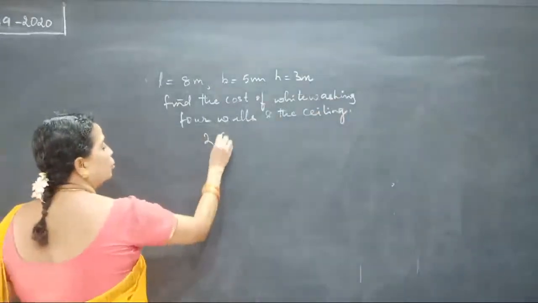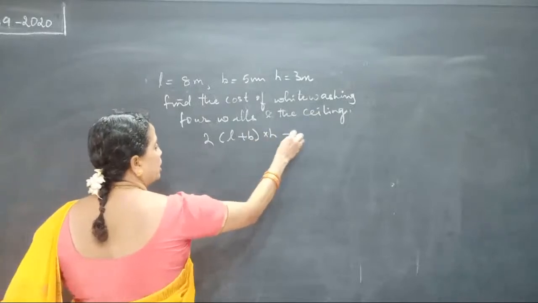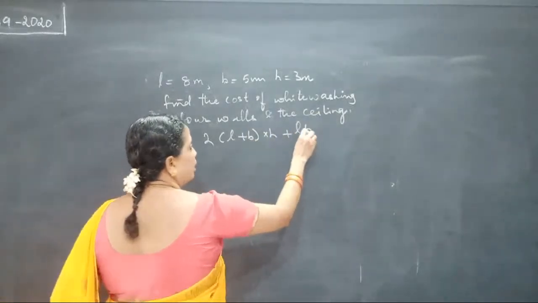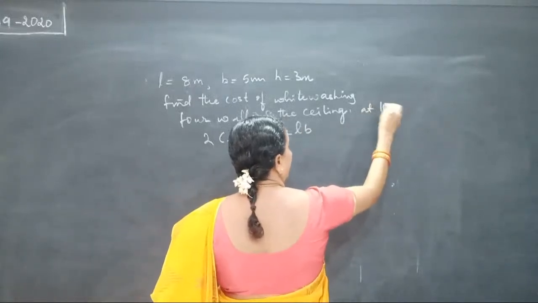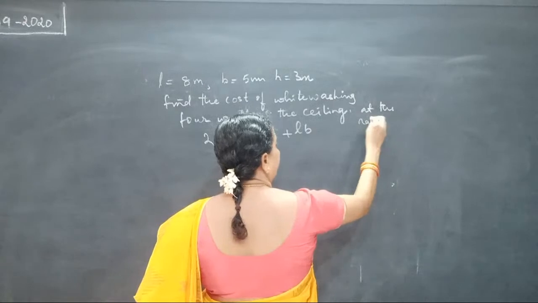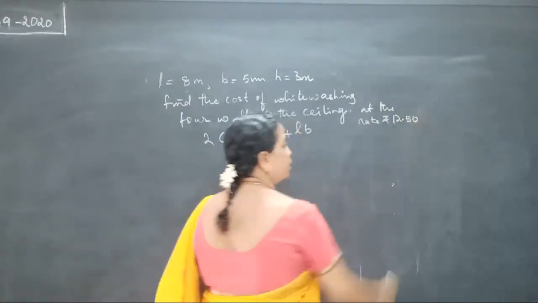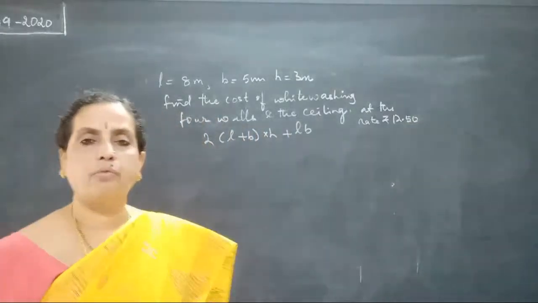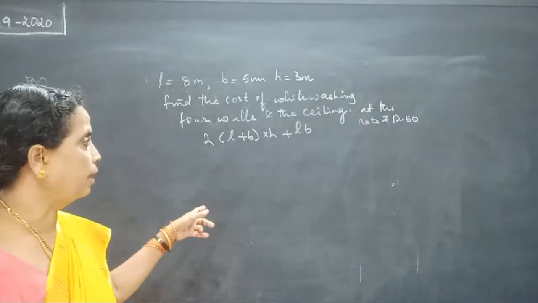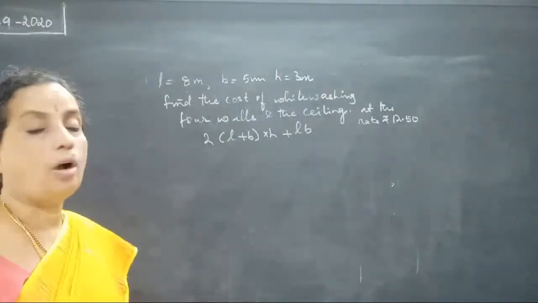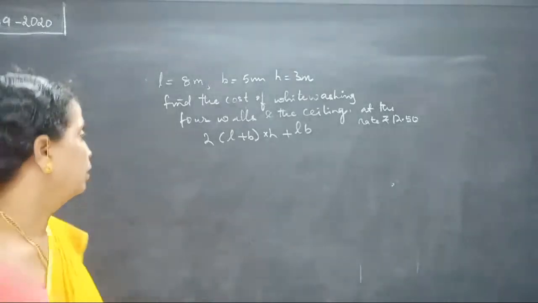That is 2 into (L plus B) into H plus L into B, at the rate rupees 12.50. Come on, calculate the area of the 4 walls and the ceiling. First we have to calculate it, then its cost is rupees 12.50.